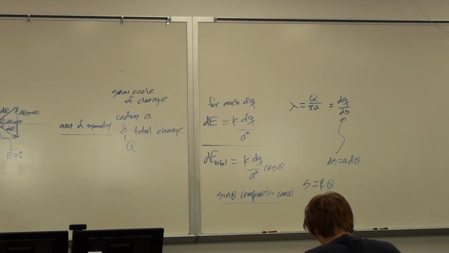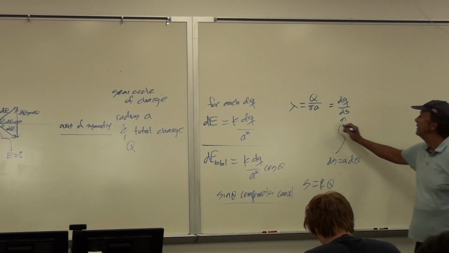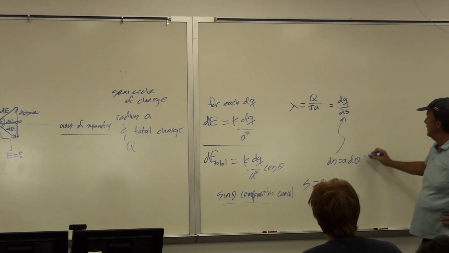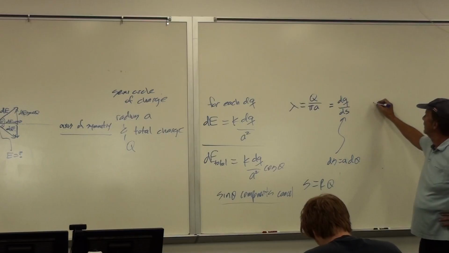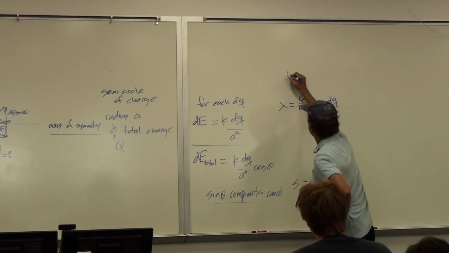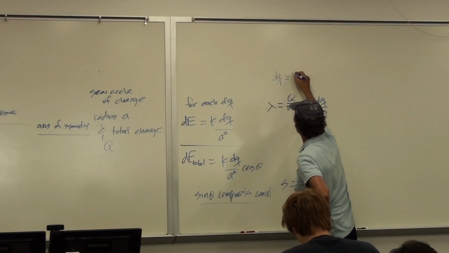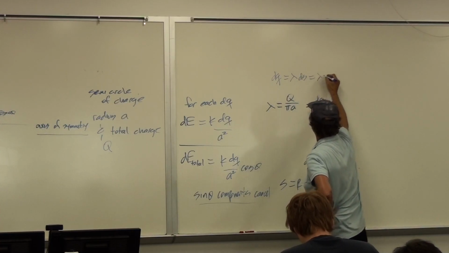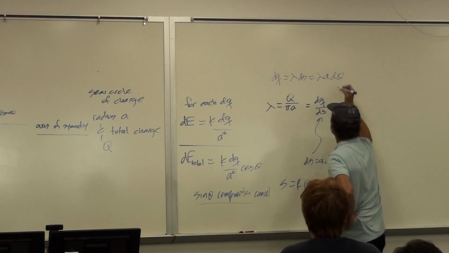Okay, so now I'm starting to see why I want my lambda as a function of theta. But what's ds? It's a d theta. So therefore, dq then, instead of being lambda dx, it's lambda d arc length, which is lambda a d theta.